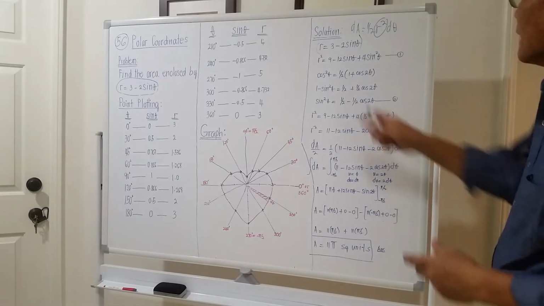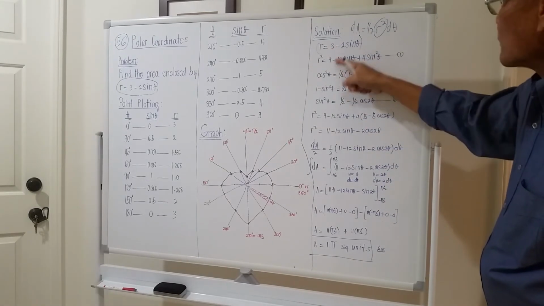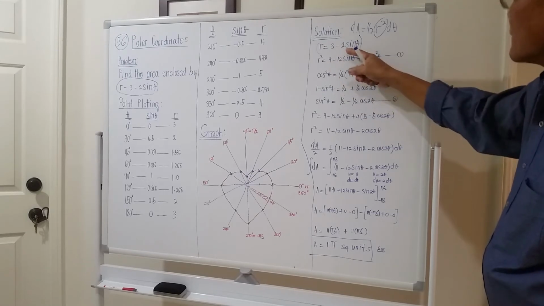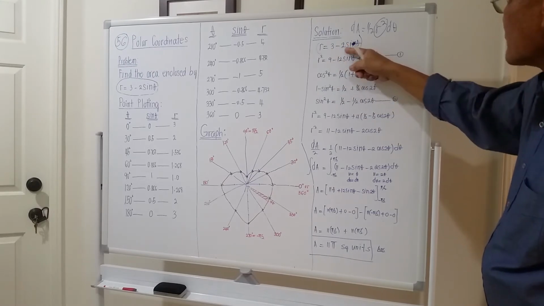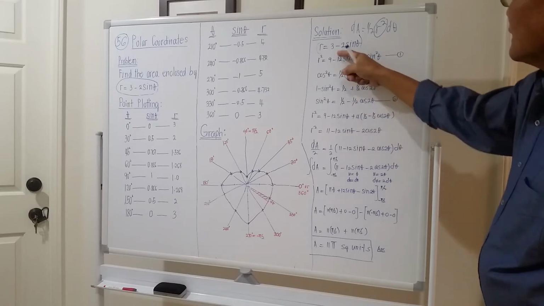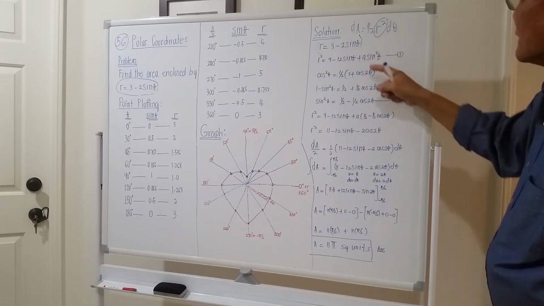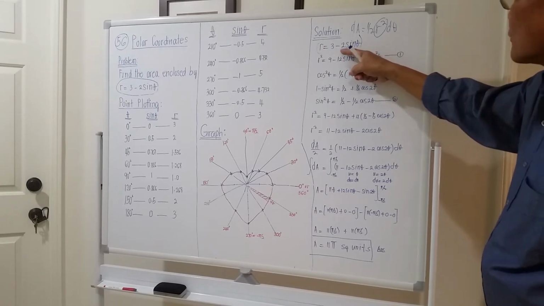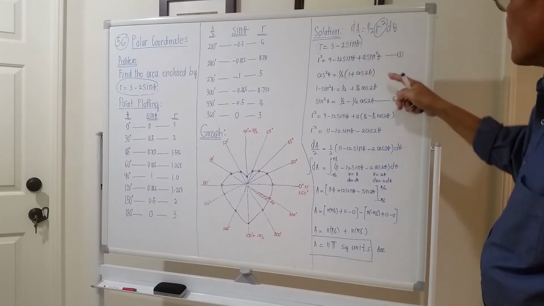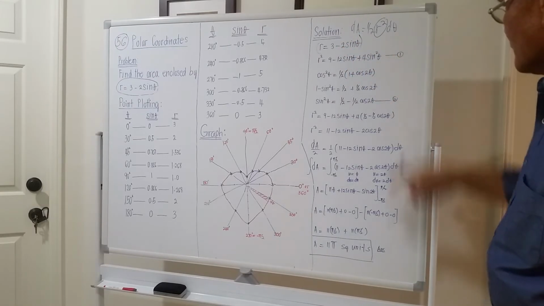Okay? R squared now will be the square of the first one, it is 9. The middle term is actually 3 times minus twice sine of theta times 2, so that it is minus 12 sine of theta. The third term is actually the square of minus twice sine of theta, quantity squared, it will be 4 sine squared of theta.